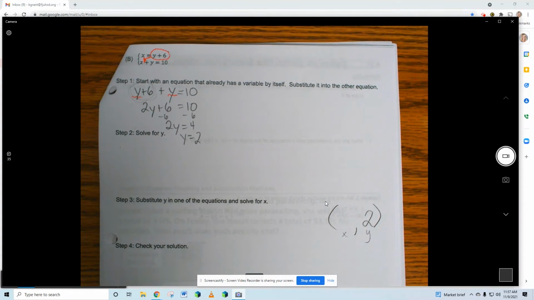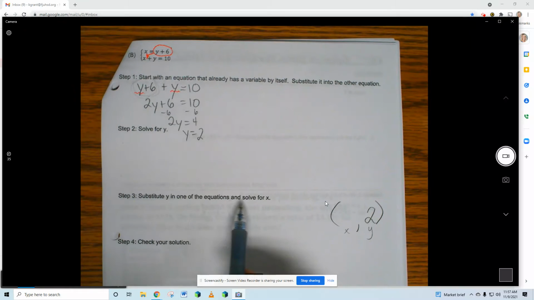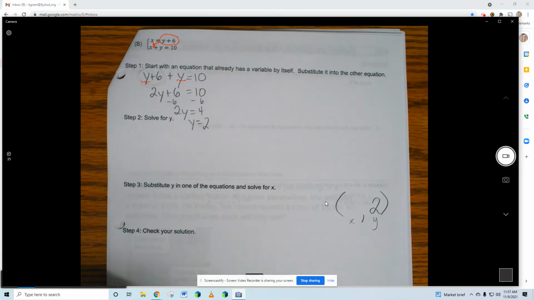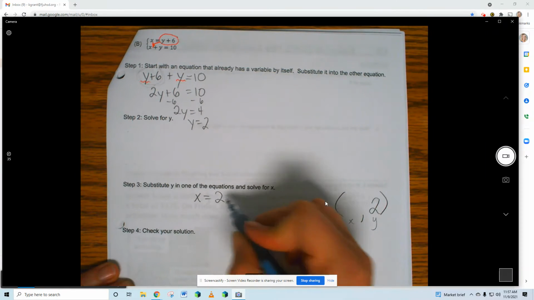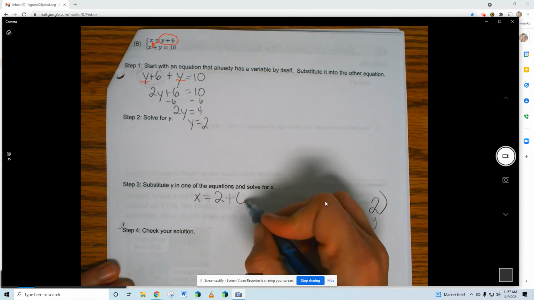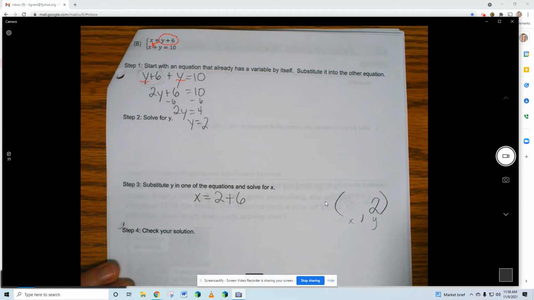Now I decide, substitute y in one of the equations. Which equation do you want to put the 2 in? The top or the bottom? Where should the 2 go? It's whatever looks easiest to you guys. It doesn't matter. Top is easiest. X equals y plus 6, y is 2 plus 6. X equals 8.